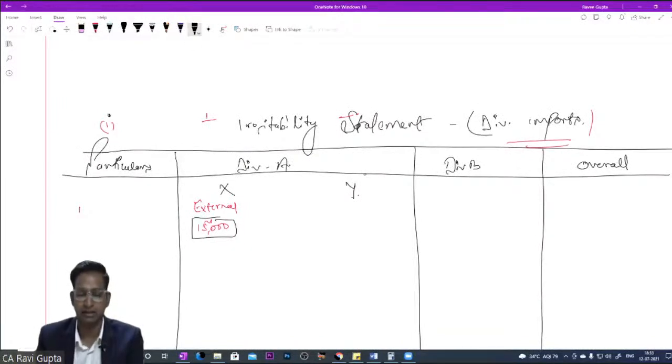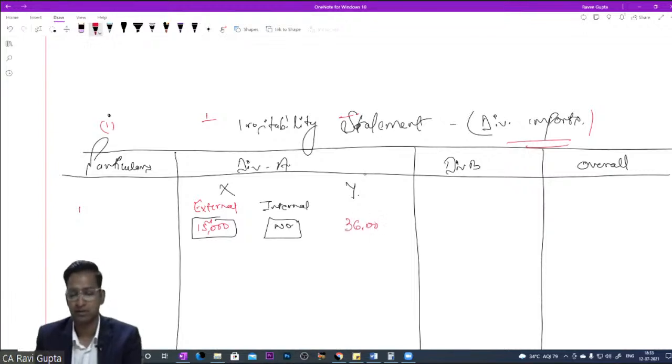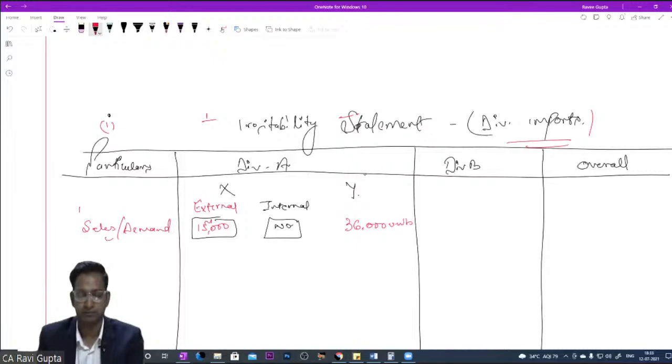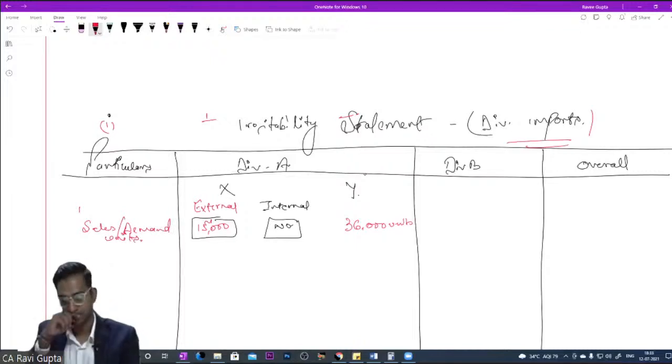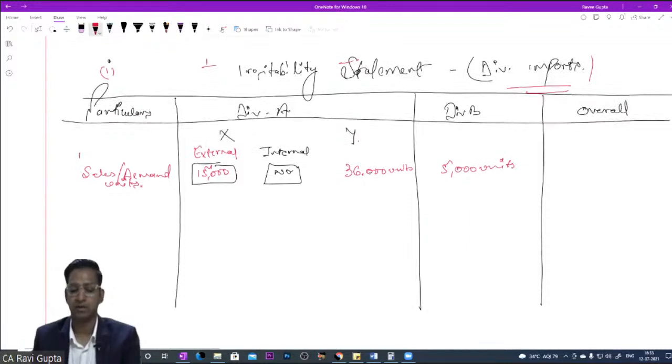You can mention here, internal sales, no. Only 36,000 units. This is sales demanded units. Division B, 5,000 units. So the total number of units will be 56,000 units.